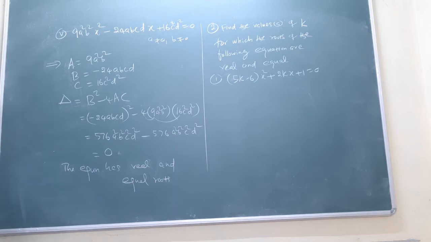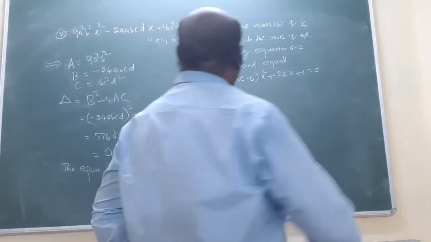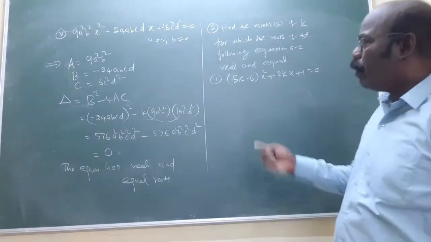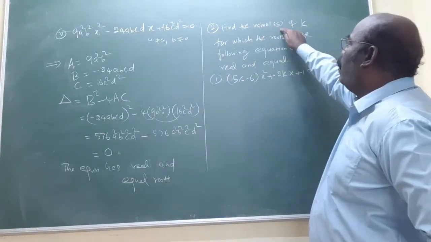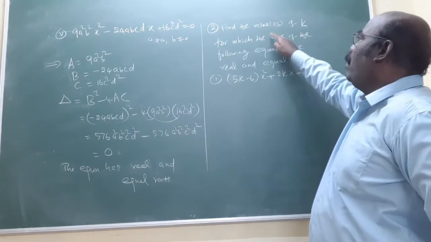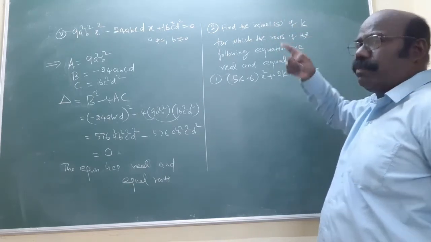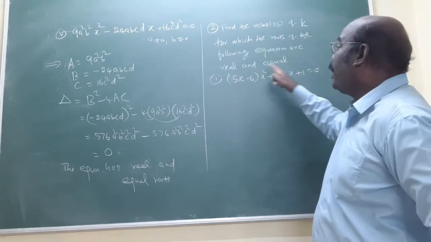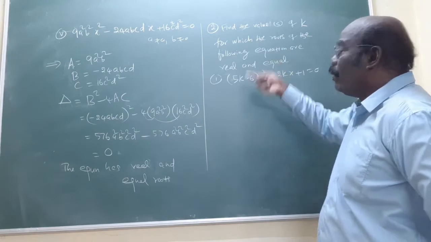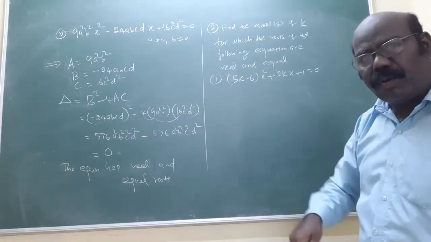In the same way, next question, the second question, the same type of question only. Find the values of k. Sometimes only one value will come, maybe two values. If the roots of the following equations are real and equal, the condition real and equal is given. If the roots are real and equal, then what is left?